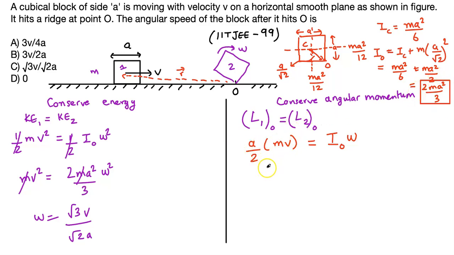So let's solve that. a m v by 2 equals 2ma squared by 3 times omega. So m a cancel, and we get omega equals 3v by 4a.